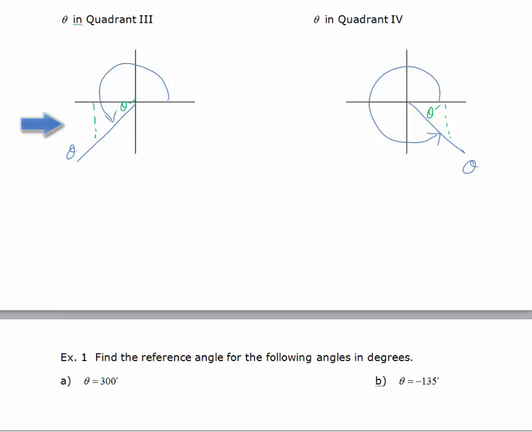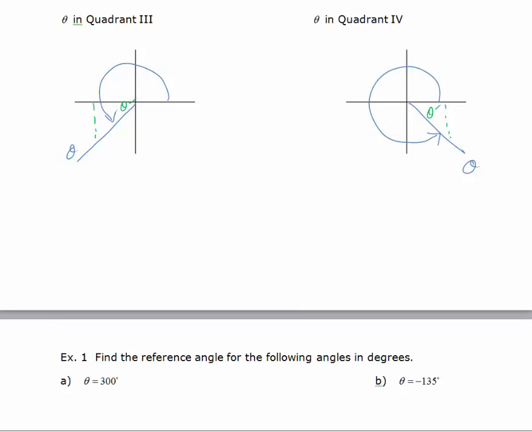Theta prime, or your reference angle, is that acute angle made with your terminal side and the x-axis. And if you have a fourth quadrant angle, theta star or theta prime is that acute angle made when you drop a perpendicular to the x-axis.